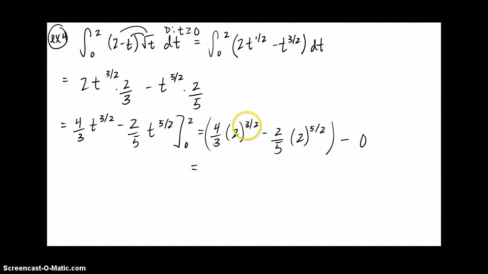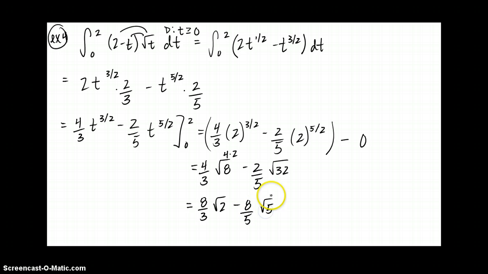So 2 cubed is 8, and the square root of 8, minus 2 fifths. This is 32, so square root of 32. Alright, 4 times 2. 8 thirds root 2 minus, this would be 16 times 2, so minus 8 fifths root 2.